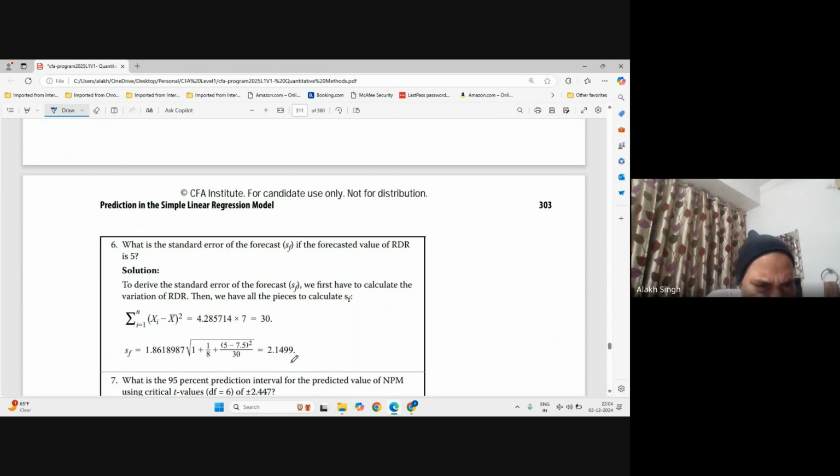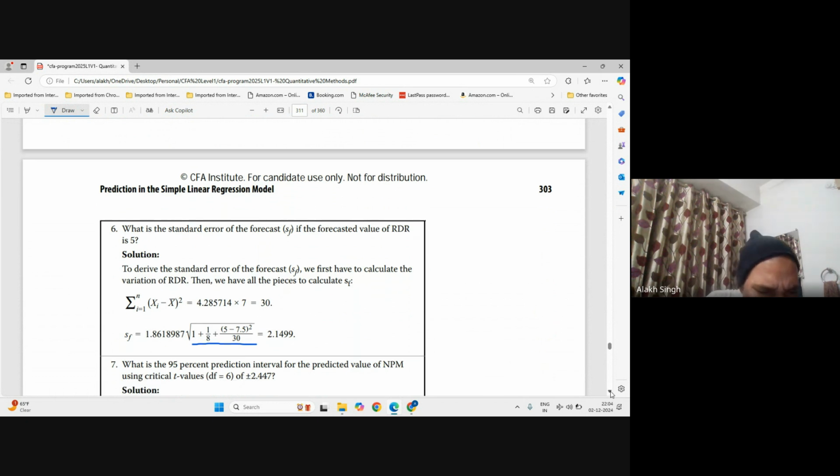But anyway, this is the information. I'm not sure if it will be asked in the exam. Probably they will give you this formula because there is no point in remembering such a long formula: SE times the square root of 1 plus 1 by n plus x minus x bar whole square divided by the sum of xi minus x bar whole square.